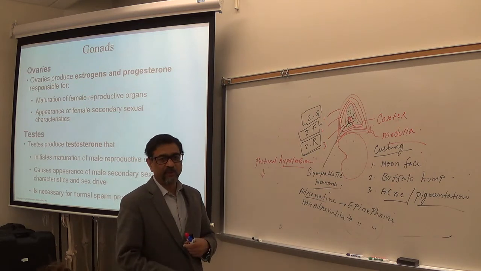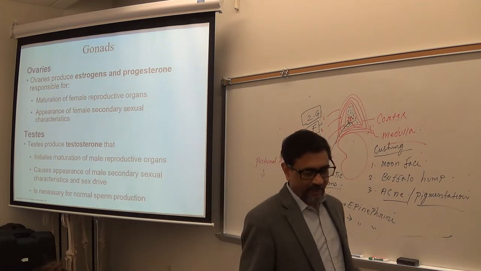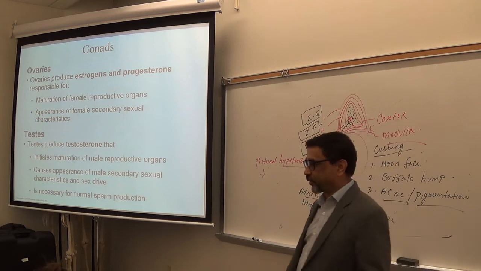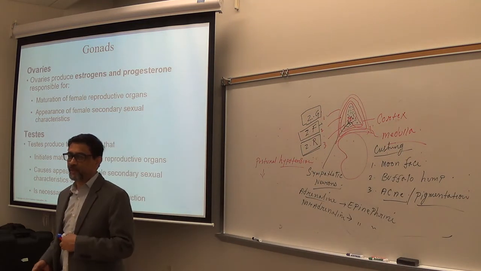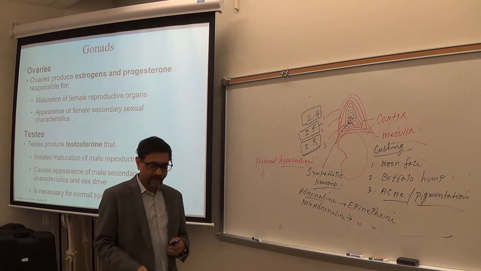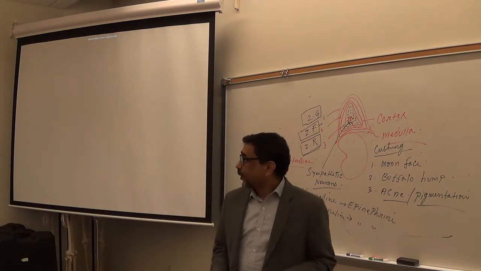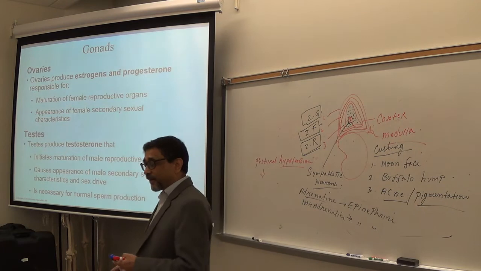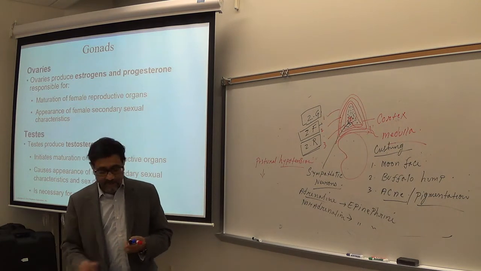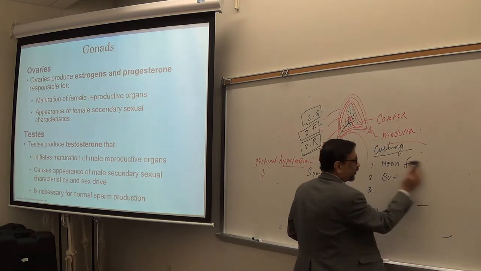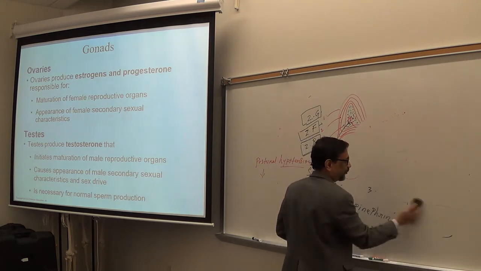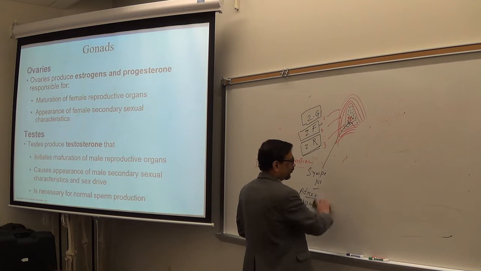Gonads produce sex hormones. Male gonads or testes produce testosterone. Female gonads, ovaries, produce estrogen, progesterone. Another one, it's not listed here, but very important. You know the pancreas. What kind of gland? Everybody. Mixed gland.